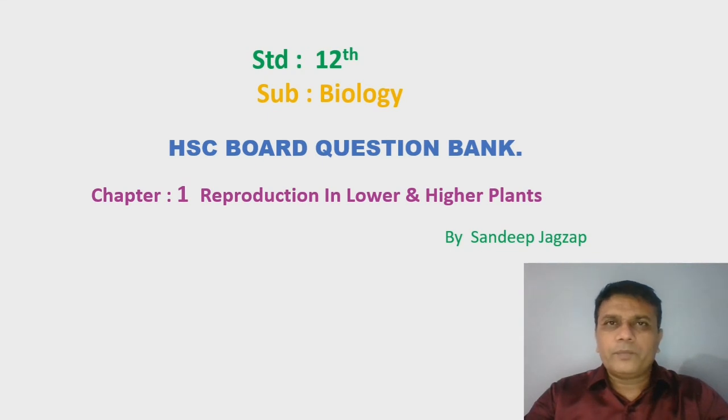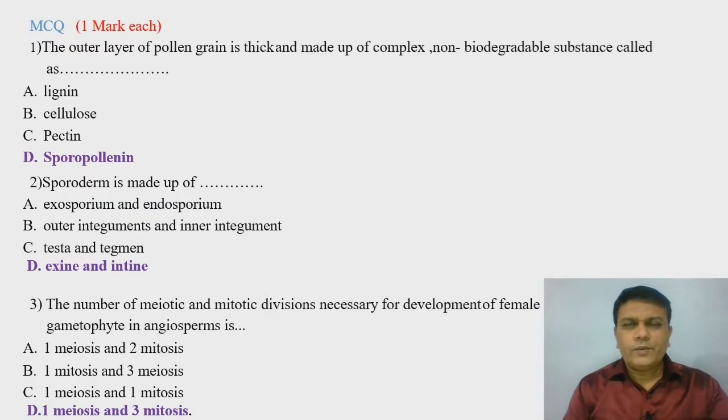Now, first of all, we are going to see regarding the multiple choice questions from this chapter, that is chapter number 1, reproduction in lower and higher plants. Now first we will see regarding the multiple choice questions given in this chapter, that is reproduction in lower and higher plants.